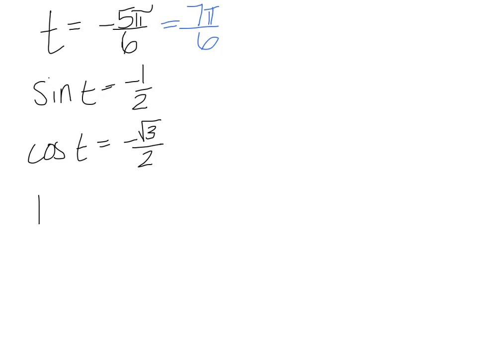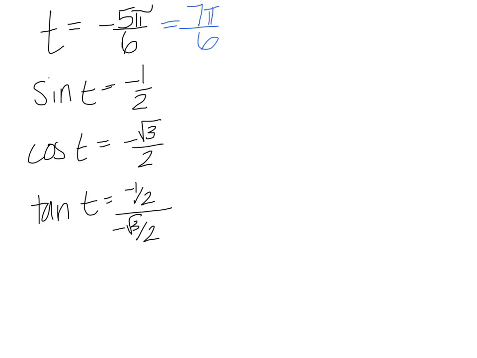And then the tangent of t, y over x. So I've got to set that fraction up. My y was negative 1/2 over negative square root 3 over 2. How am I going to simplify that? What's the phrase?